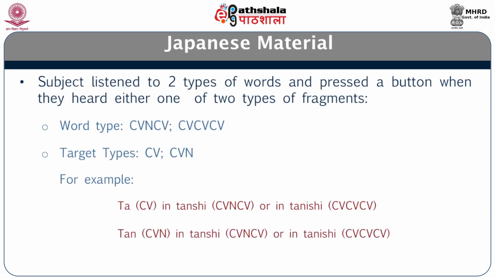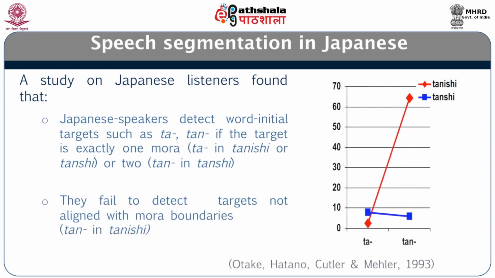In the experiment, they had to listen for 2 targets, ta, a CV target, and tan, a CVC target, in words like tanshi and tanishi, and press a button as soon as they heard them. Let's have a quick look at the results.